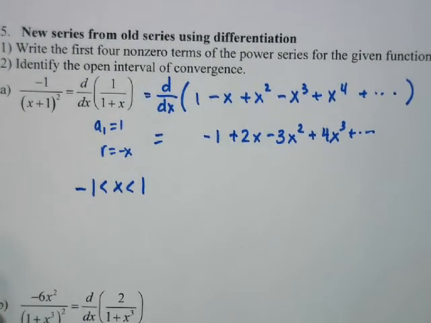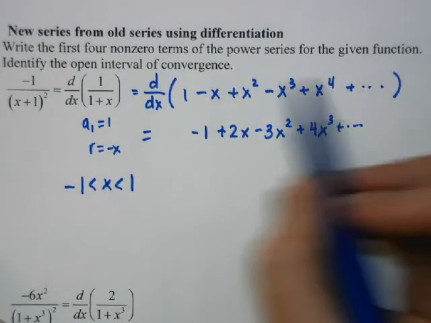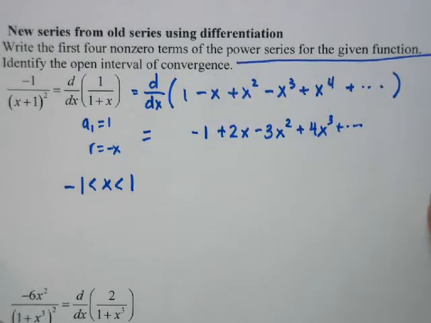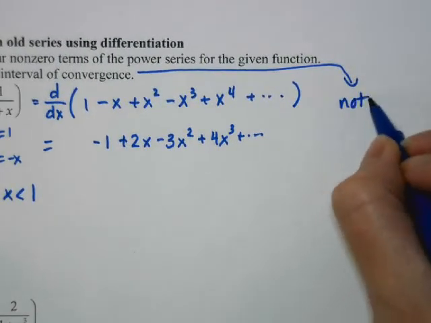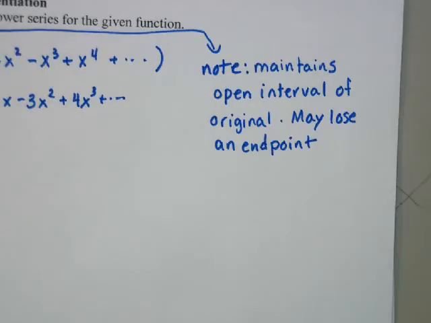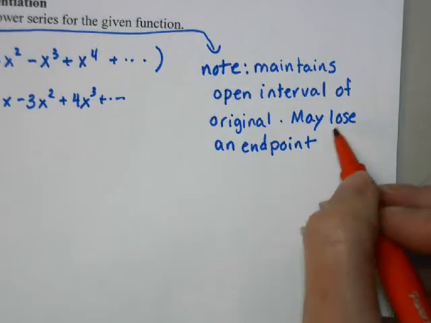The open interval, and I'm going to make a note over here. When you're forming a series using differentiation of another series, it will maintain the same open interval of convergence as the original, but it may lose an endpoint.